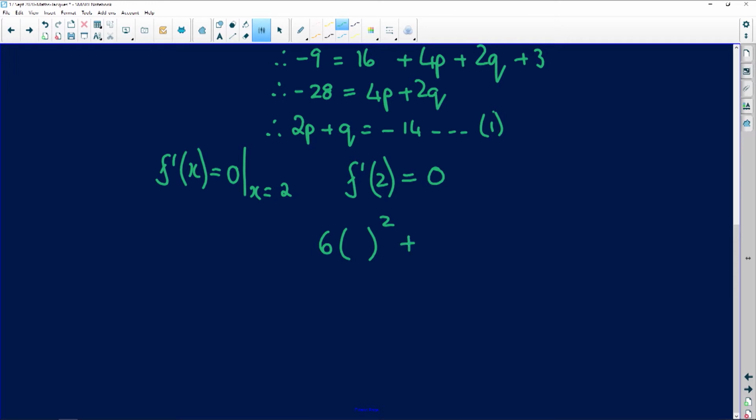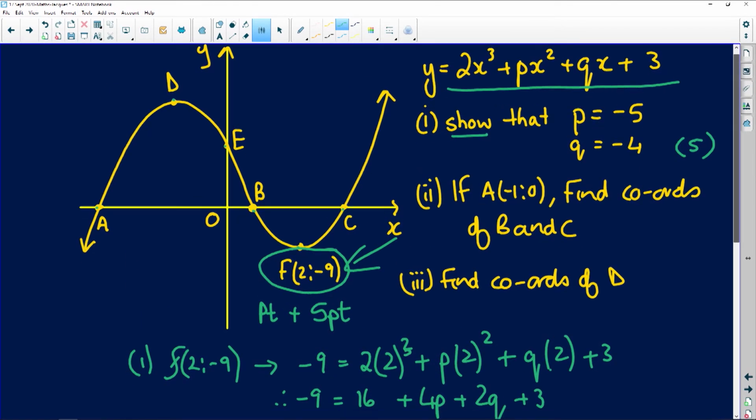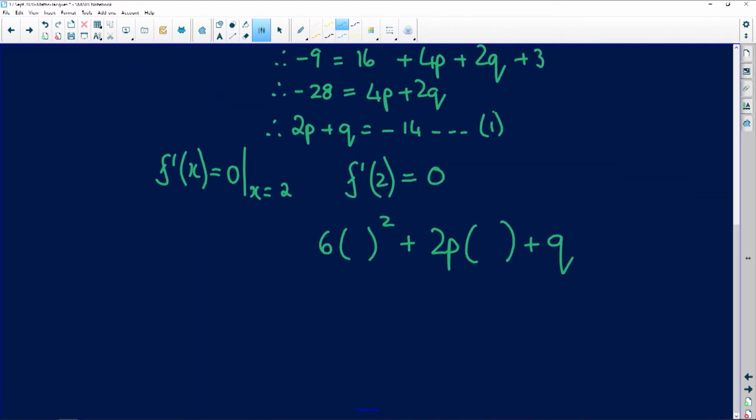You'll notice that I leave the x open. Plus the derivative of px squared is 2px. Then the derivative of qx is q. And then our last part, I think, was a 3. We know the derivative of a constant is 0. So this derivative must be 0 when x is 2. So I left the space for x to become 2.